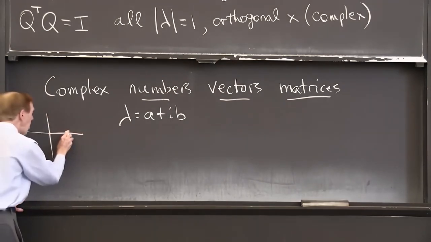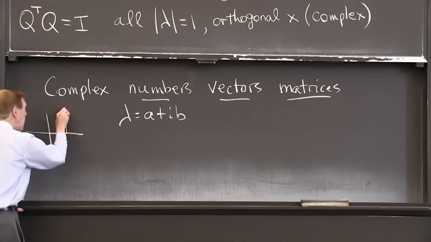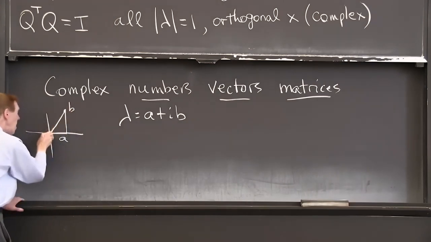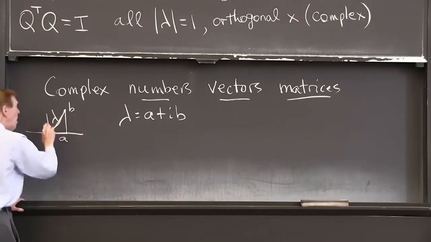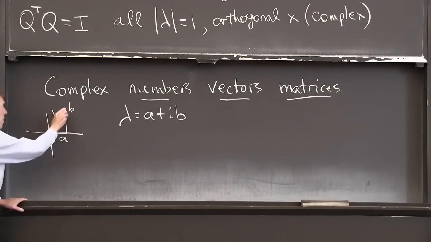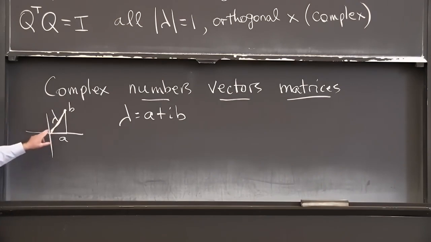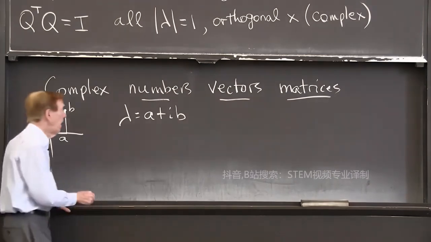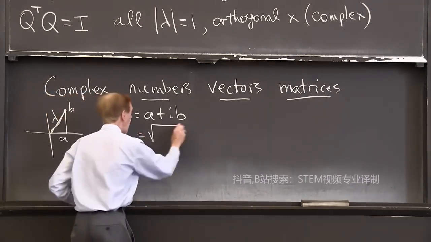Again, I go along a, up b. Here's lambda, the complex number, and I want to know the length of that. Well, everybody knows the length of that. Thank goodness Pythagoras lived, or his team lived. It's the square root of a squared plus b squared.